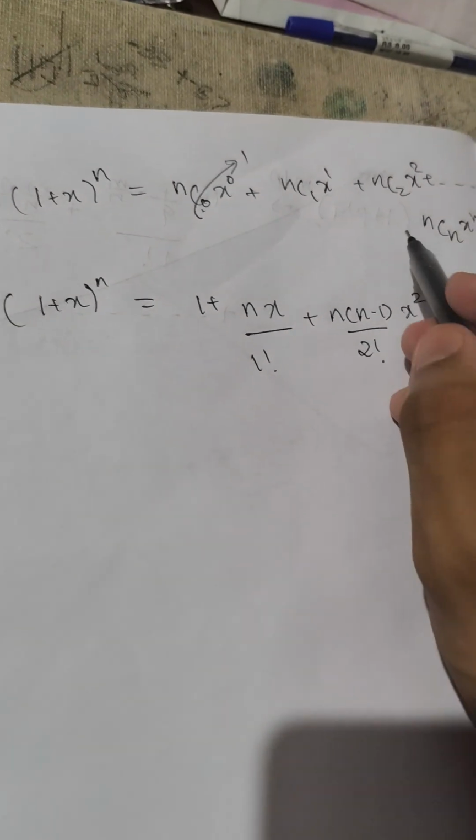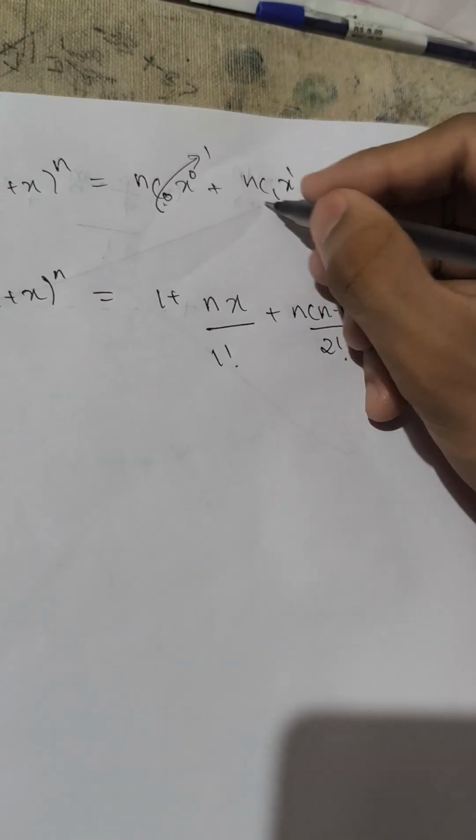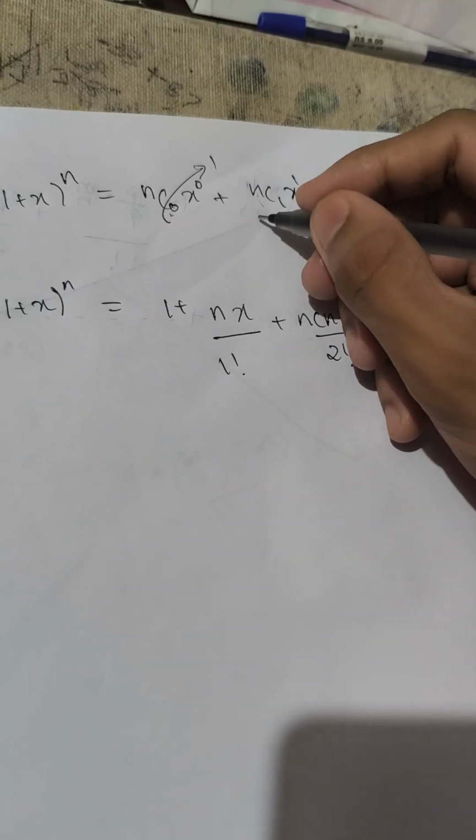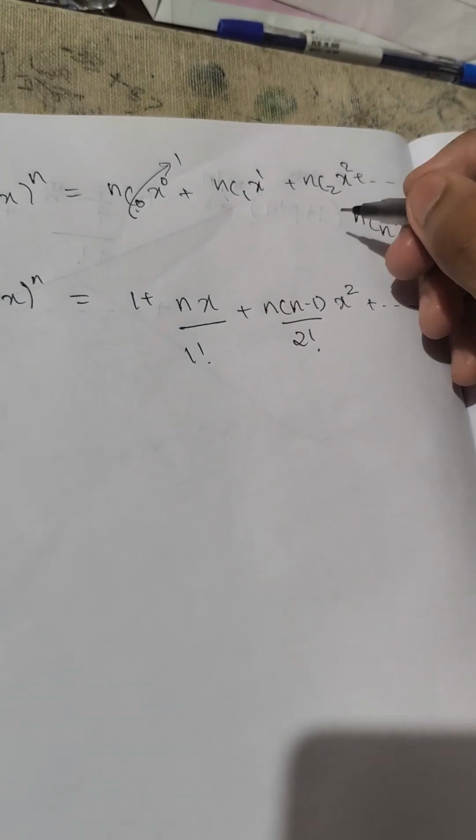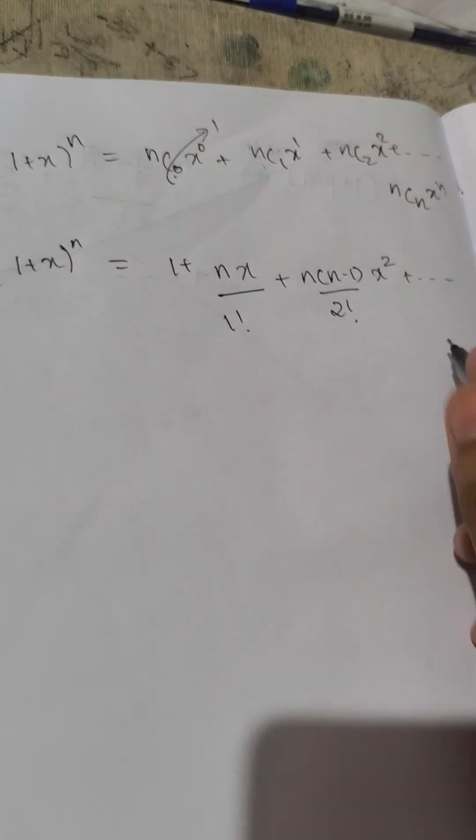If you expand nC1, you get n divided by 1 factorial, and nC2 is n into (n minus 1) divided by 2 factorial, and so on. So this is what we need here.